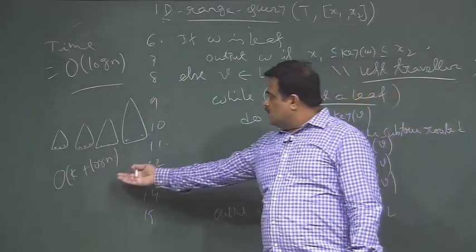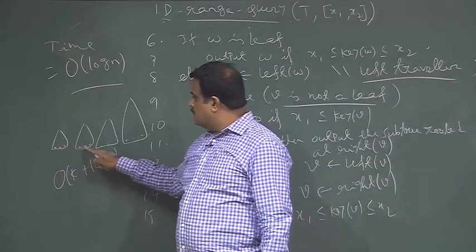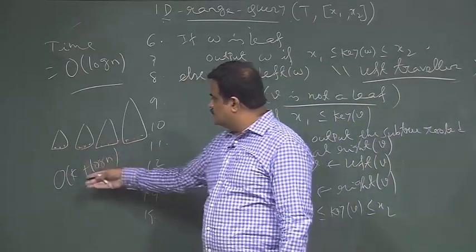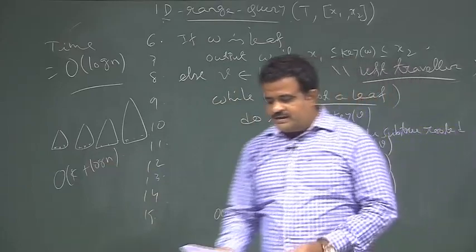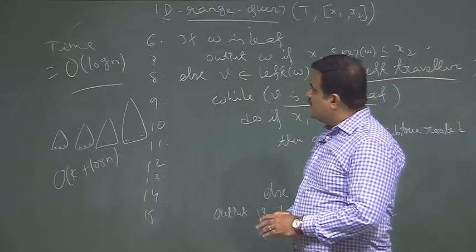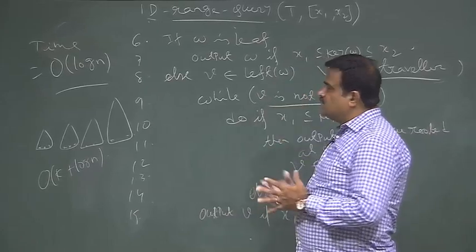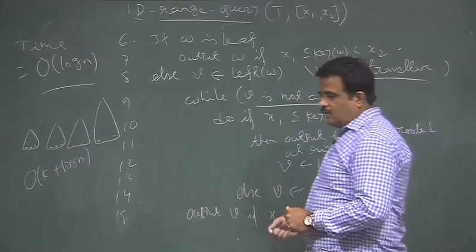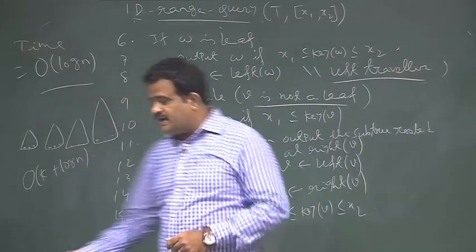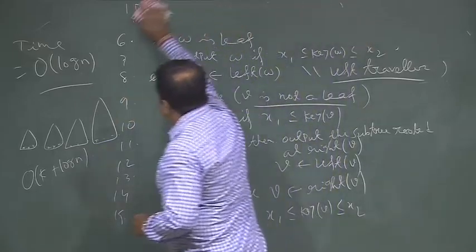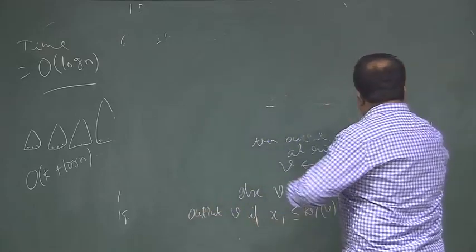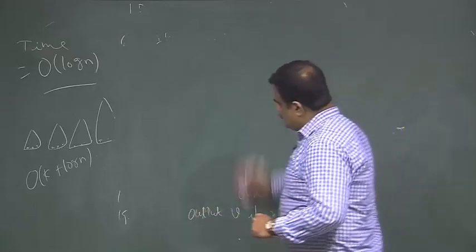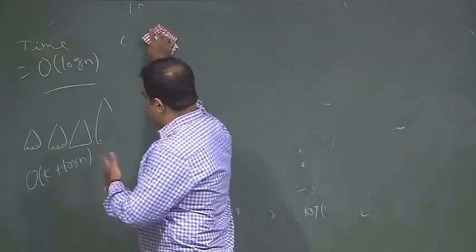That means we need to get these leaves. So, k plus log n is the time complexity for this. Now, what is the space? To store this, we need order of n space, and to form the tree, we need order of n log n. That is the space complexity, and this is the time complexity.